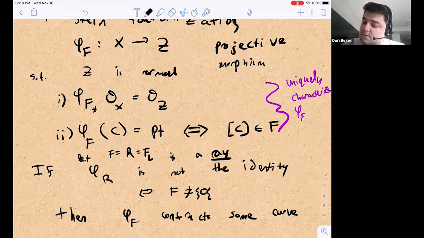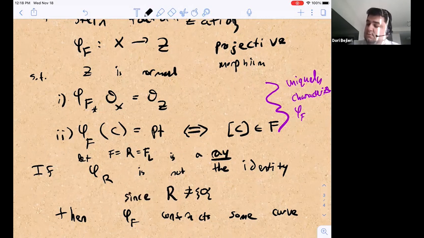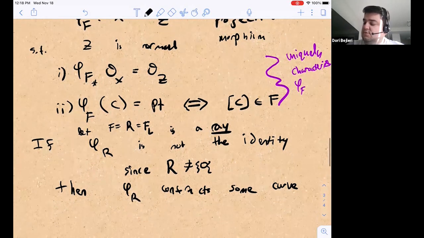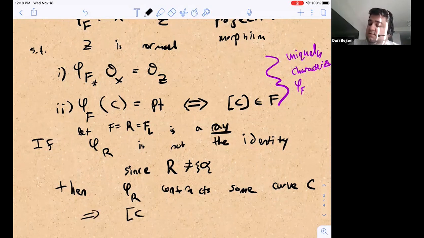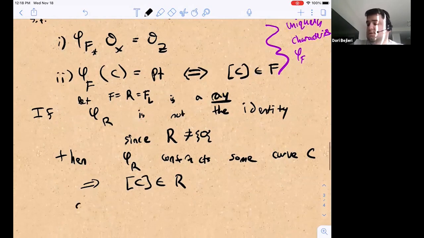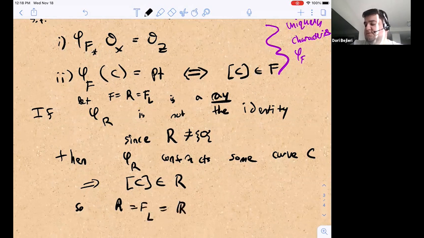Then phi_R, since we're assuming we're on a ray, so it's not zero, actually contracts something, and so there are curves, some curve C, and by condition 2, that implies that the class of C is in our ray, so our ray really is spanned by the class of an effective curve.